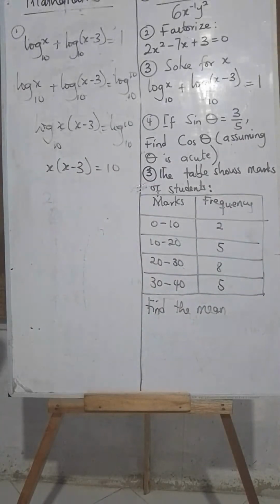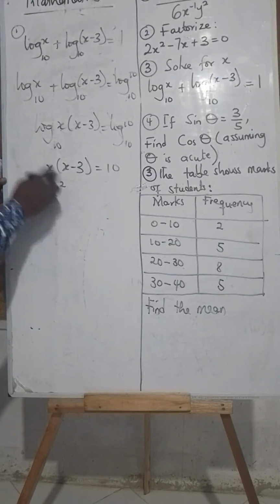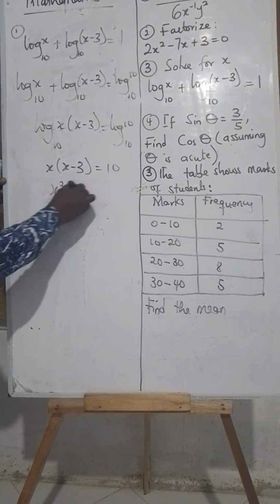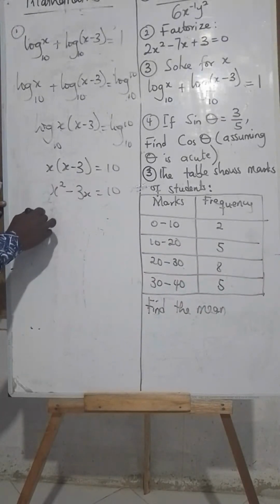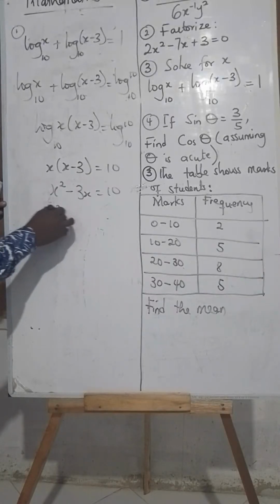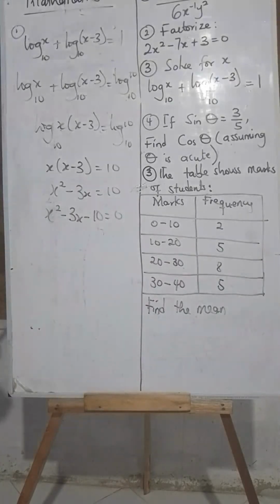So we can expand this. We have x times x, that is x squared, and minus 3x equals to what? 10. So by grouping it, we have x squared minus 3x minus 10 equals to 0. So now it becomes a quadratic equation. So this is very simple here to solve.